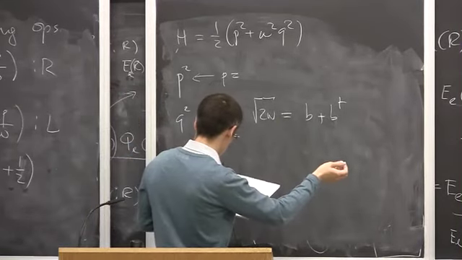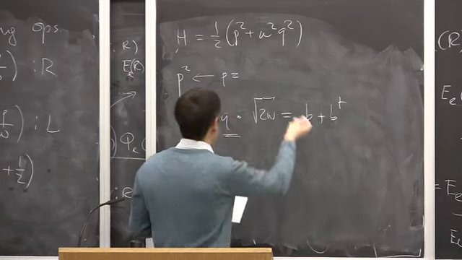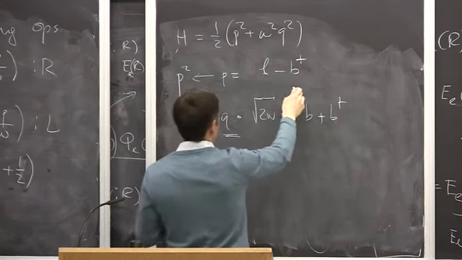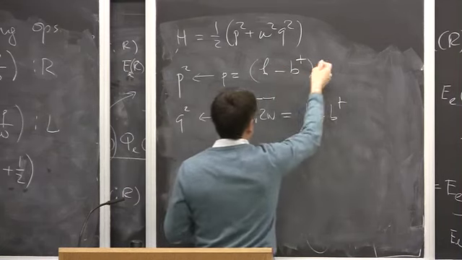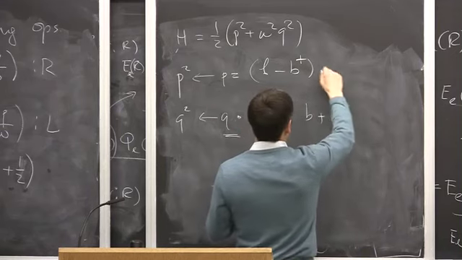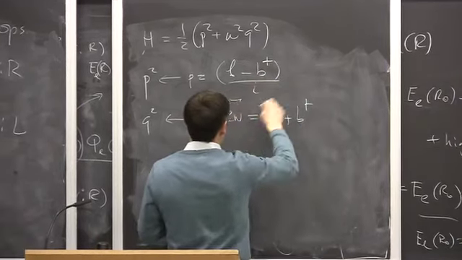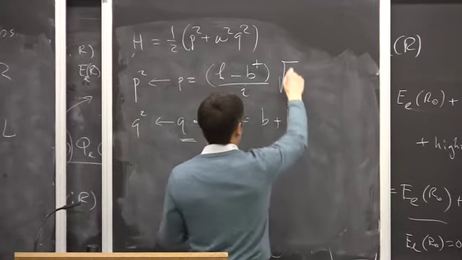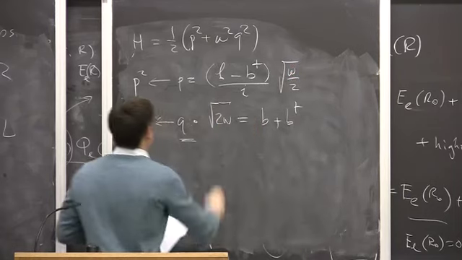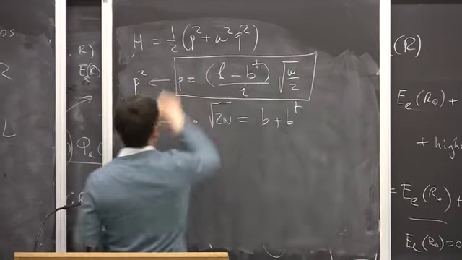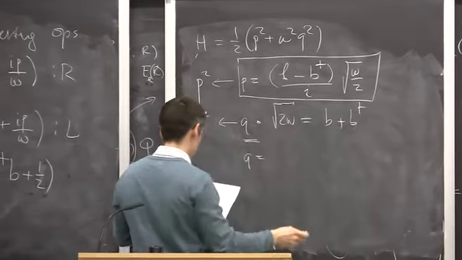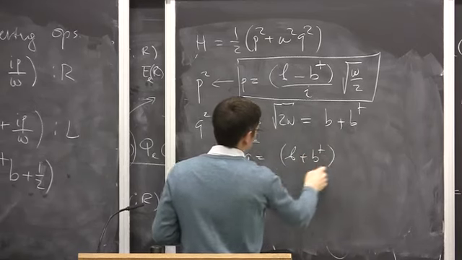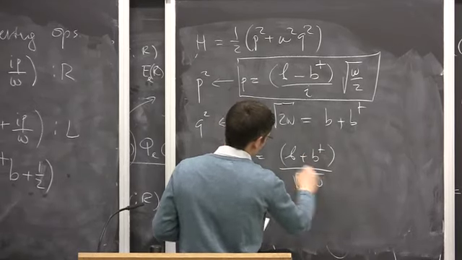And P is just, you need to subtract B minus B dagger, right? And then by doing simple algebra, you need to divide by I, because P contains I there, and then multiply by omega divided by 2. That's the expression for P. The expression for Q then becomes very simple: B plus B dagger divided by square root of 2 omega, right?